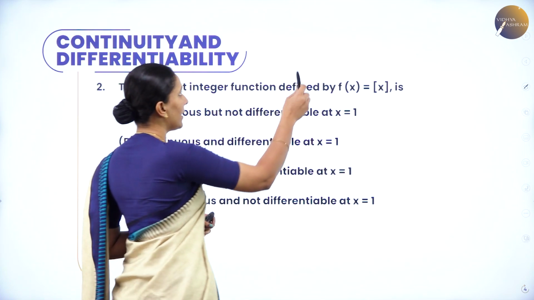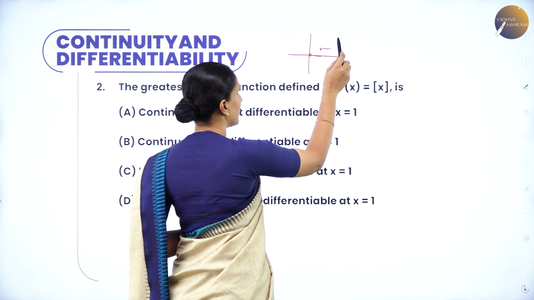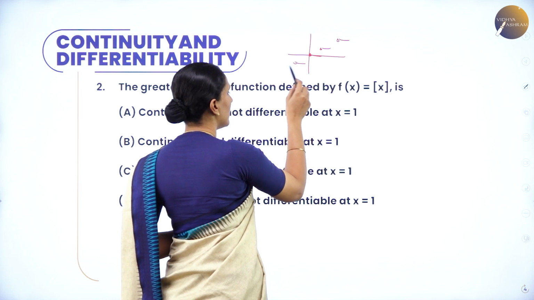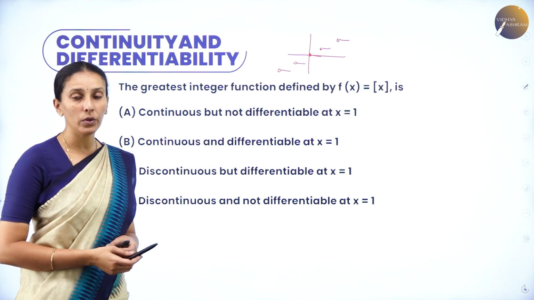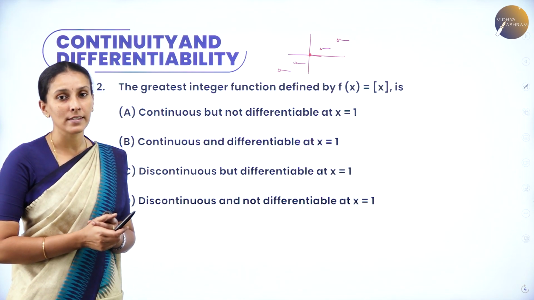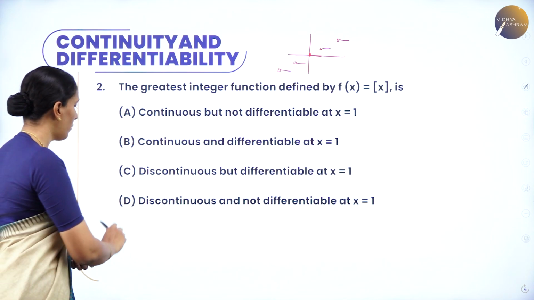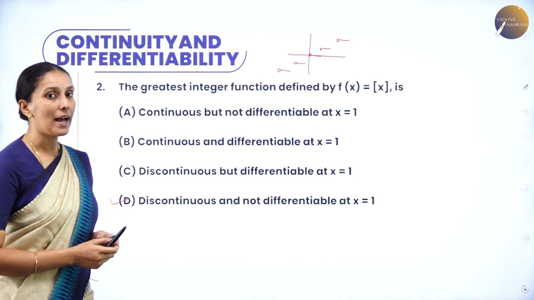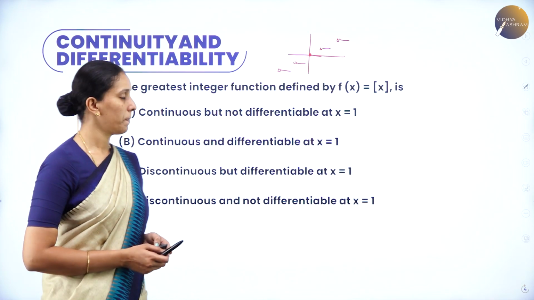If we see the greatest integer graph, it is always like this. So it's a discontinuous function, and when it comes to the derivative, we know that every differentiable function is continuous, so it cannot be differentiable also. Therefore it is discontinuous as well as not differentiable at x equal to 1.